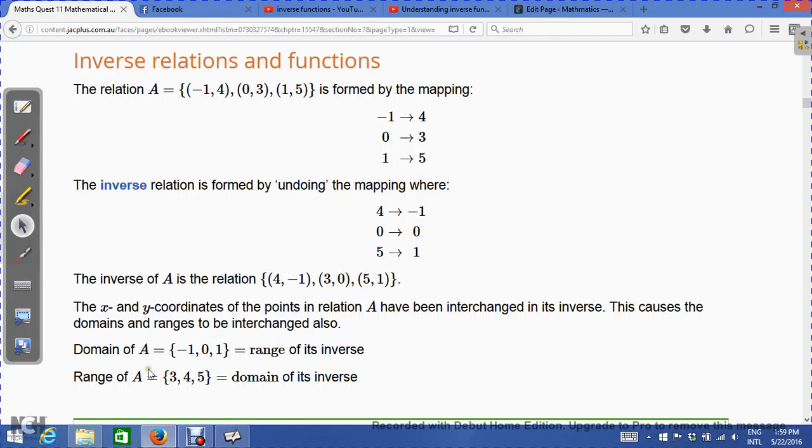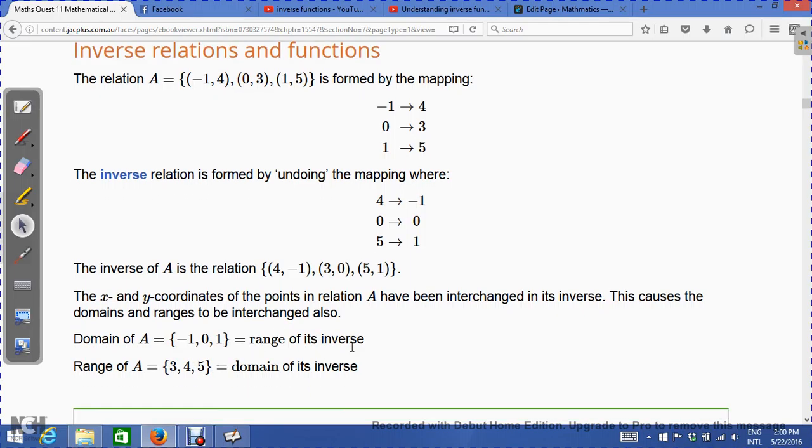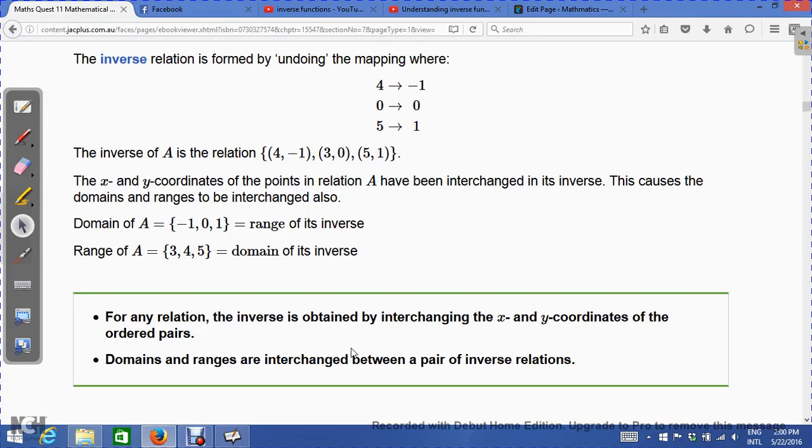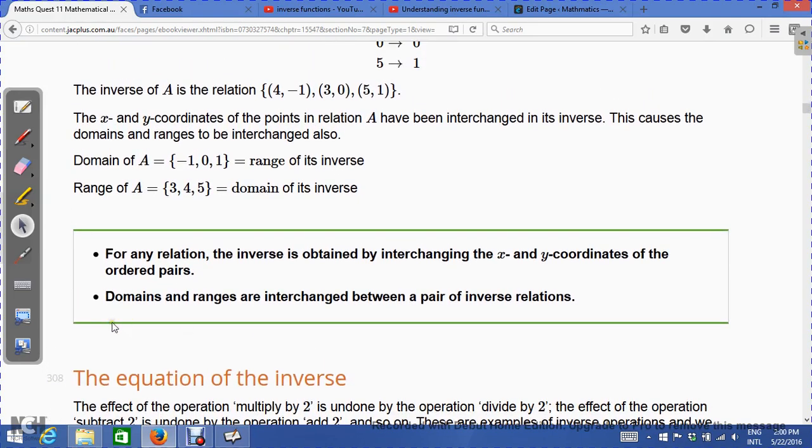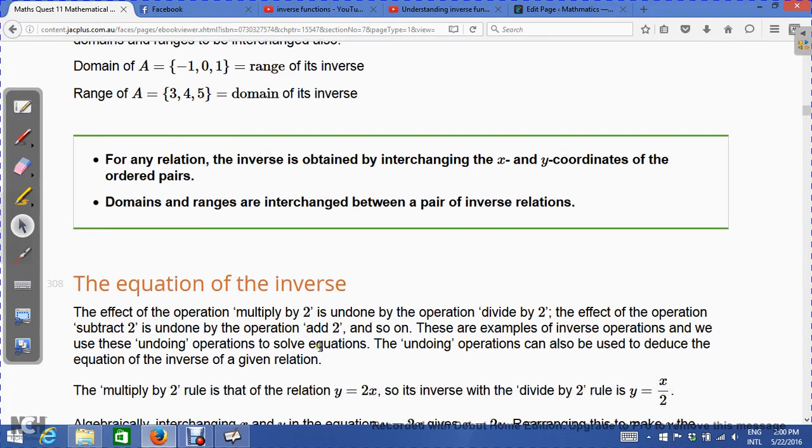The domain of A, those points, is equal to the range of its inverse, and the range of A, these three points, is the domain of its inverse. As a summary, for any relation the inverse is obtained by interchanging the x and y coordinates of the ordered pairs, and domains and ranges are interchanged between a pair of inverse relations.